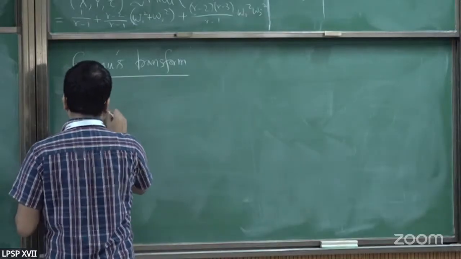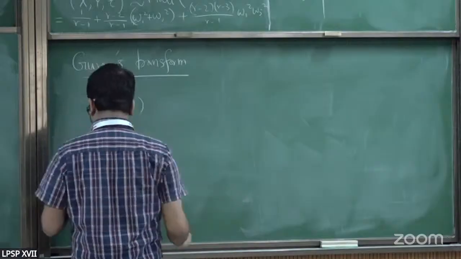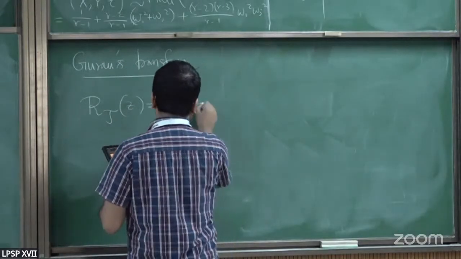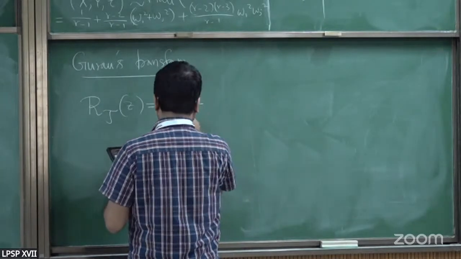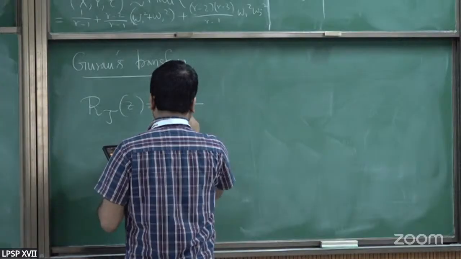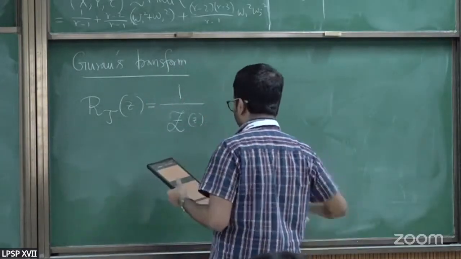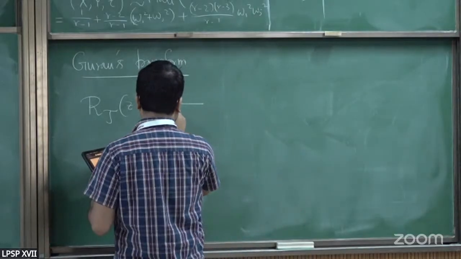This is the transform R_T of z. It might look a bit scary, but we'll try to explain what it means. Maybe z is a bad notation for the partition function here, so maybe I will write capital theta.